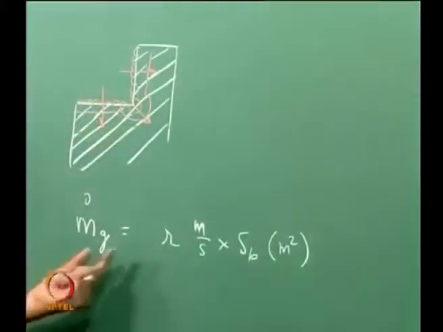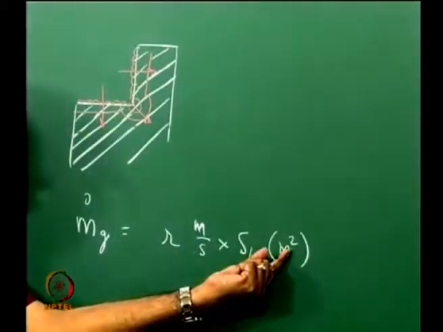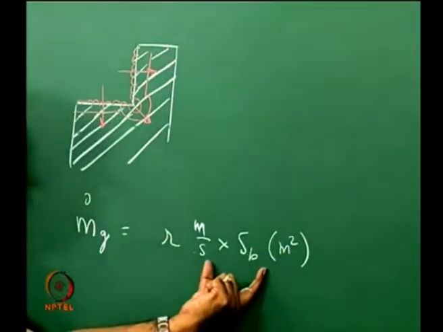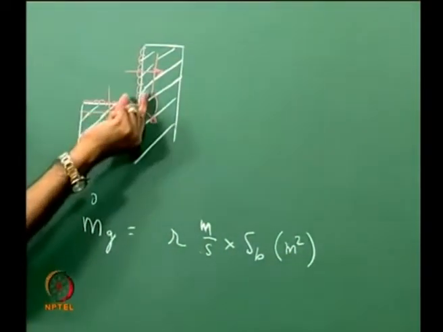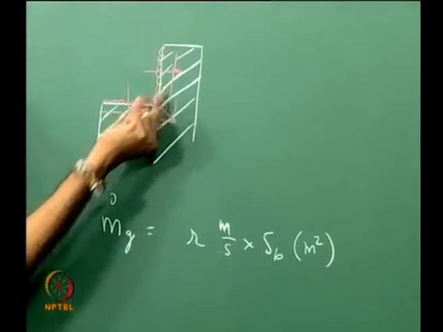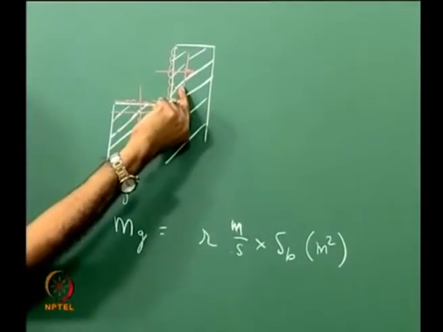This gives me meter per second into meter square, which is meter cube per second, the volume rate at which the solid propellant gets consumed.